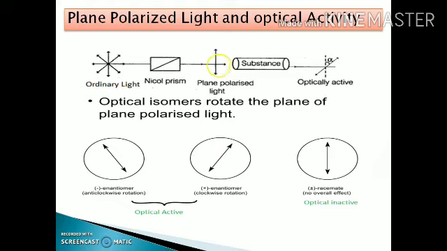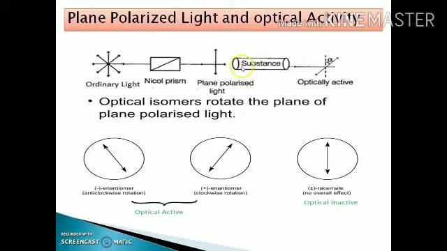When this plane polarized light passes through an organic solution, it rotates the plane polarized light either to the right hand side or the left hand side. If a substance rotates the plane polarized light to the right or the left, these substances are known as optically active substances.